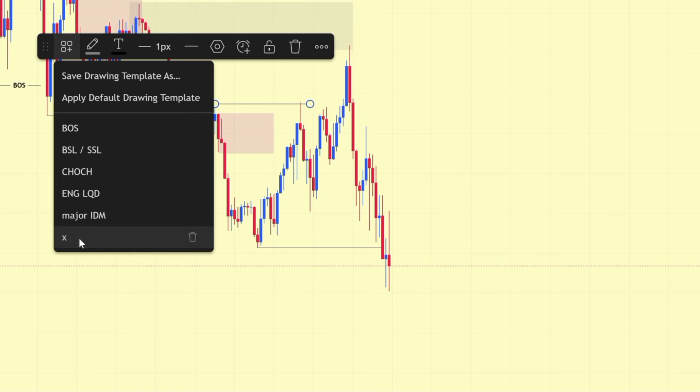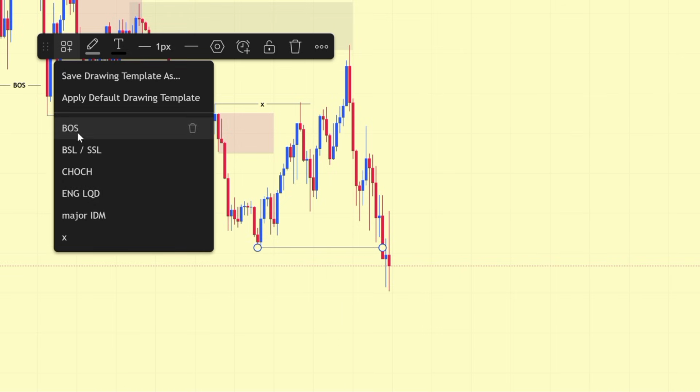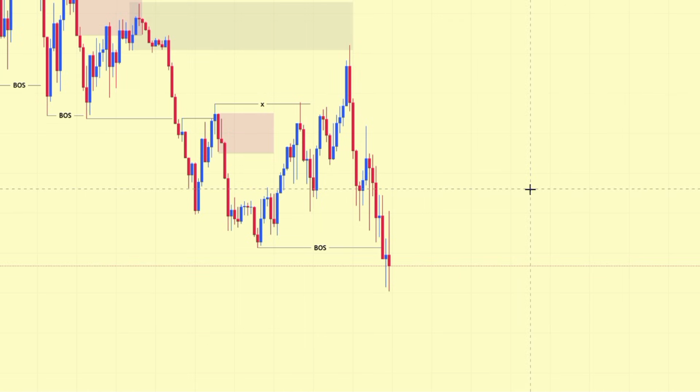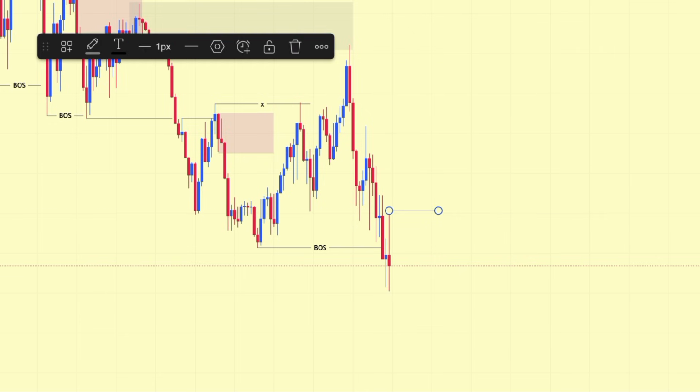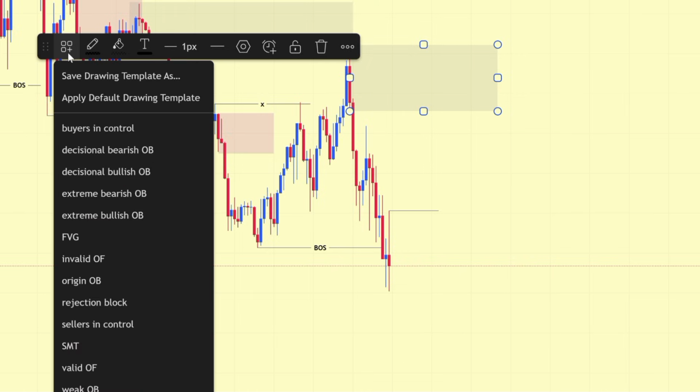So exactly right here, this is what we call the major inducement being taken out. This one here is our break of structure, of course. And if I am to mark the inducements, of course, I can clearly see this major inducement here. And I can clearly see, okay, so there is no decisional here, but there is the extreme exactly right there.